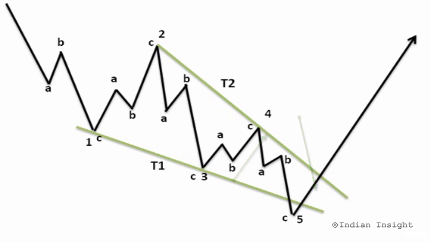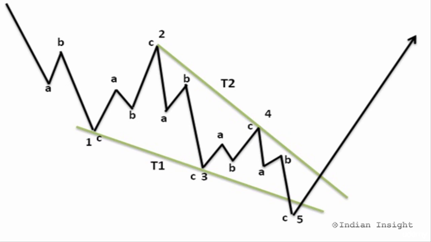If you look at the price action by combining all these 5 legs, then the net movement is down, which is why this is called a falling wedge. Now each of these legs is further broken down into 3 legs each. So you see how leg 1 is broken into 3 sub-legs marked as A, B and C. Same is the case with leg 2 and all other sub-legs.